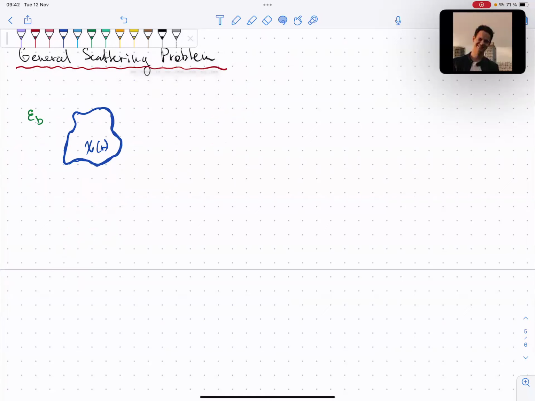Our epsilon function in this case will look something like this. Actually, I want here some delta epsilon. So our epsilon of r will be background epsilon plus some delta epsilon of r.